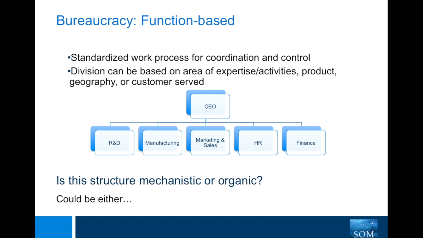So you see on this org chart there's an R&D department, a manufacturing department, marketing and sales, etc. It's not clear that this structure is mechanistic or organic, just inherently based on the structure itself. It's certainly more mechanistic than the startup with absolutely no structure on the page, but like I said, it's not clear just from this org chart whether it's mechanistic or organic.